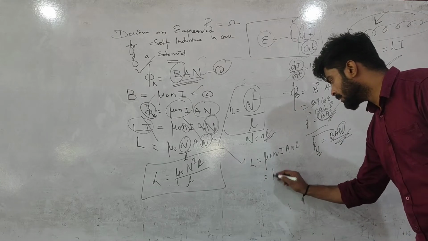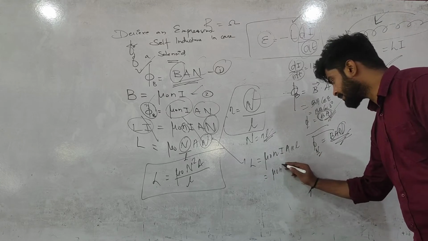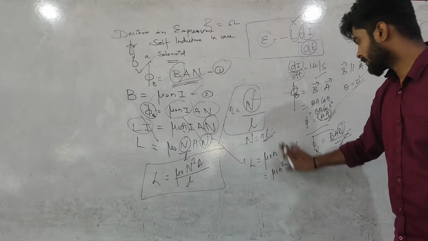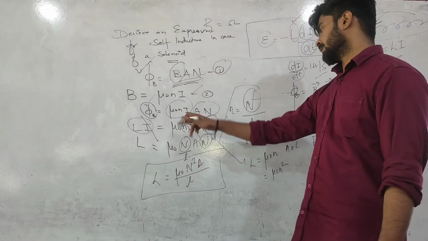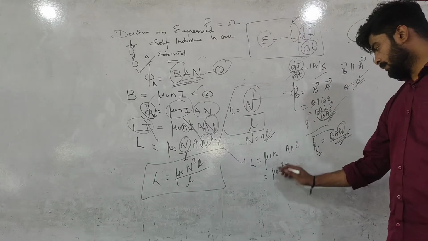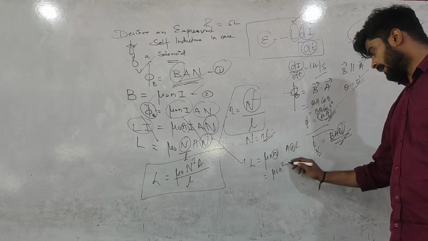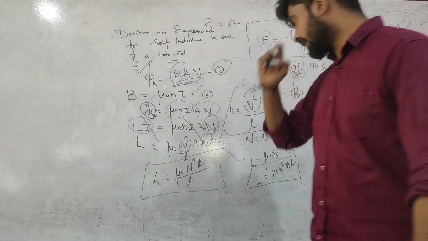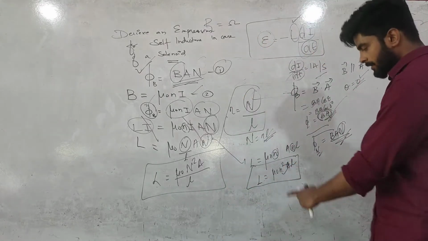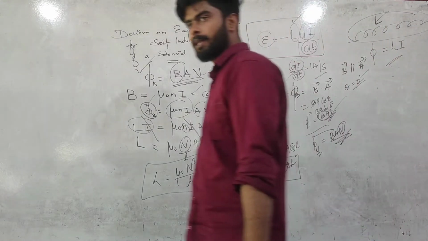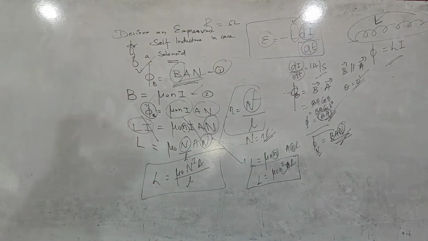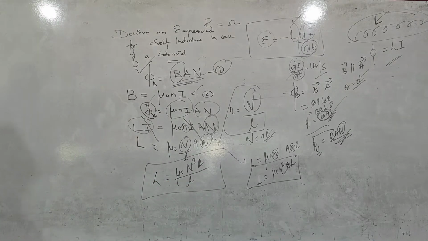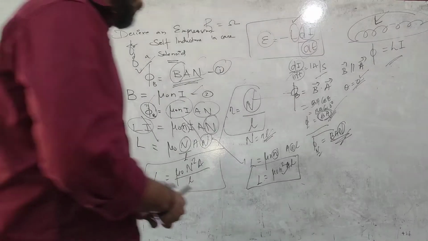So it becomes mu naught n square, there was no I, right? I was cancelled on both sides. So it becomes mu 0 n into n, n square A l. So if you want to derive in terms of small n only, the equation will be mu naught n square A l. If you want to derive it in terms of capital N, it will be mu 0 N square A by l. It depends upon the question being asked in your exam.